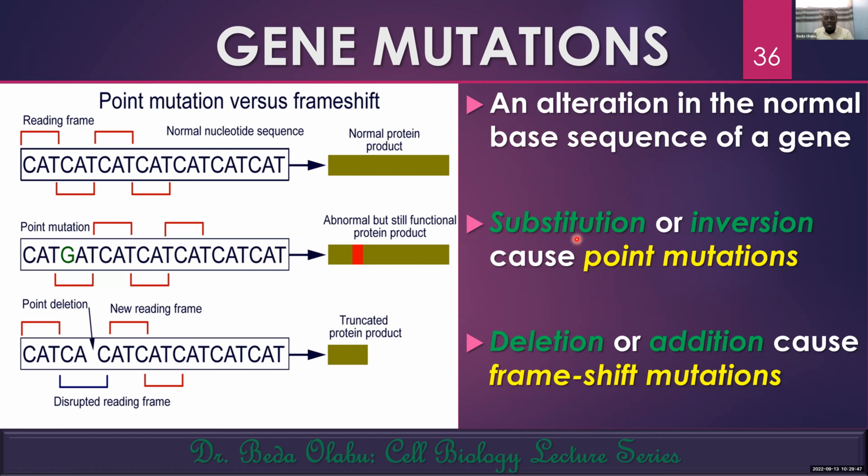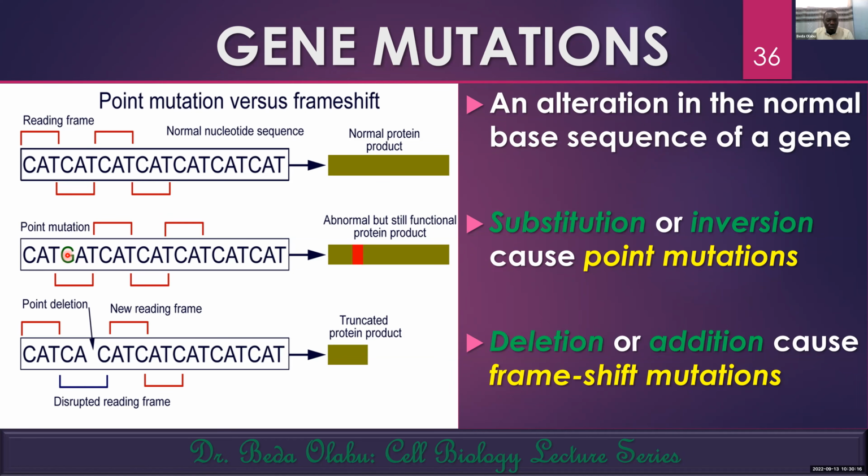We call it inversion if the base pair has just altered. For example, guanine usually pairs with cytosine. So in this case, cytosine has been changed to guanine. This is an inversion.